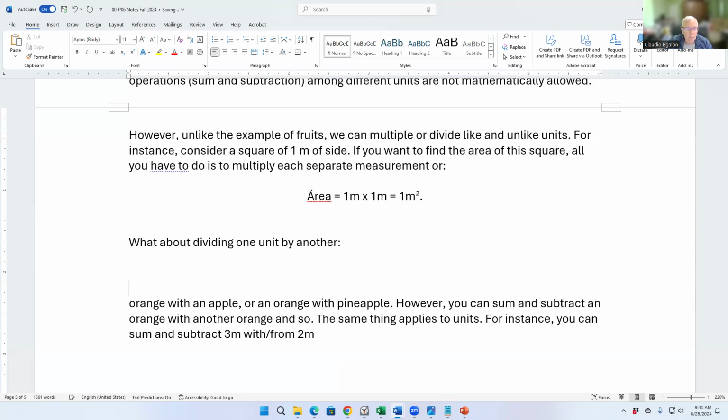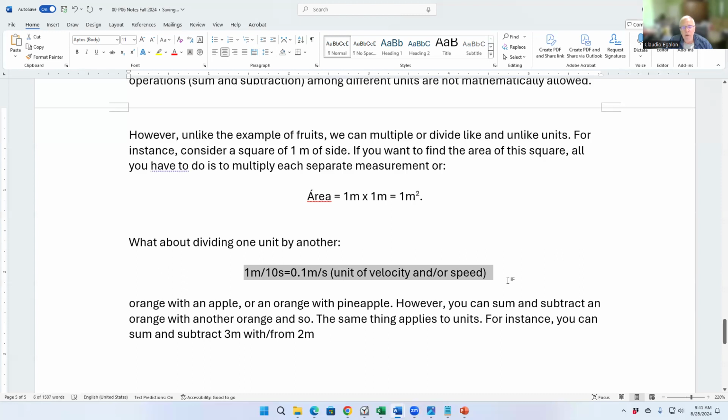It's possible to have something like 1 meter divided by, let's say, 10 seconds. And when you do this calculation, you get 0.1 meters per second, which, by the way, is the unit of velocity or speed. There's a difference between the concept of velocity and speed.